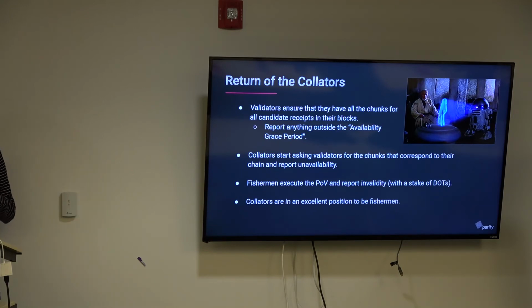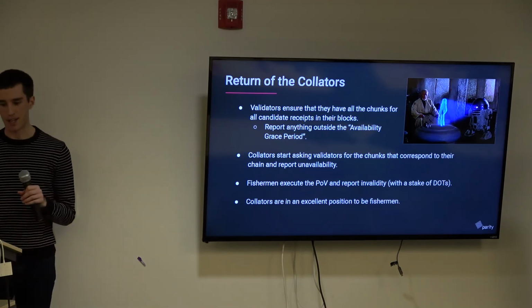Imagine you had a malicious collator, and this collator comes online, it's its turn to build a block, and it submits this POV block to the validators, and then it immediately unplugs, goes offline, it's gone, and then this block is finalized.